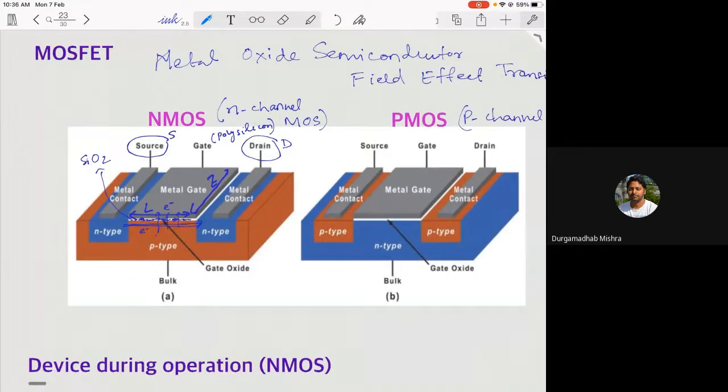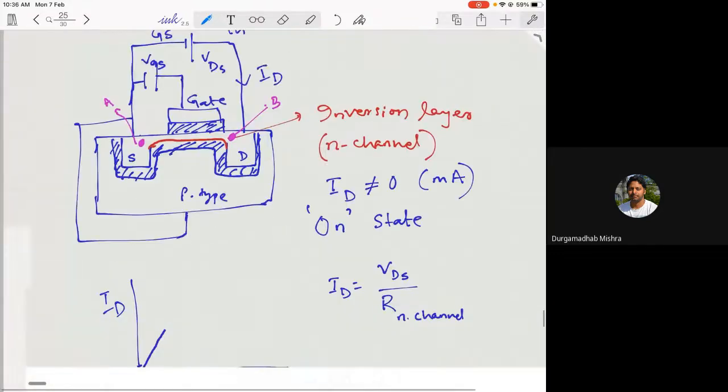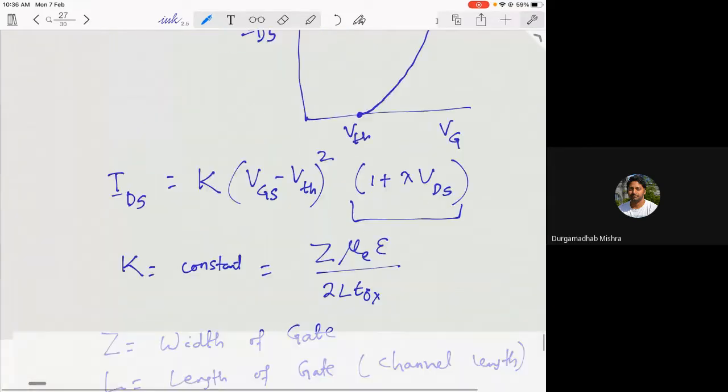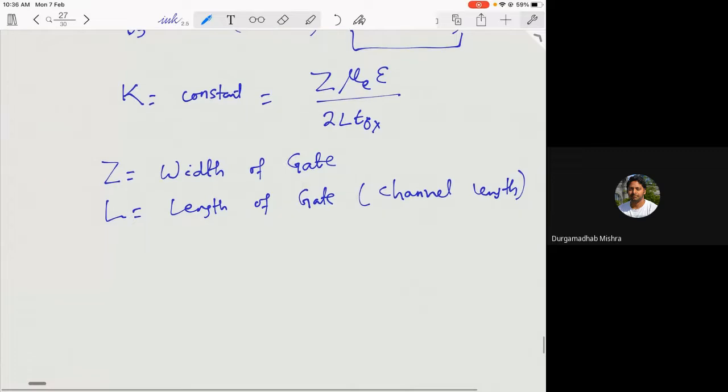Okay, so there is nothing material dependent here, but other terms depend on what kind of material one is using. So let's look at those. T ox is the thickness of the oxide layer.